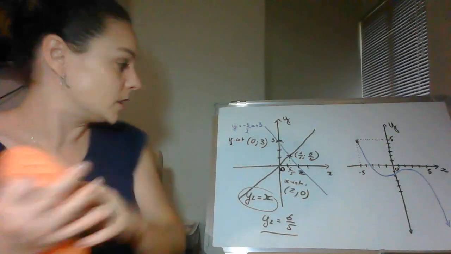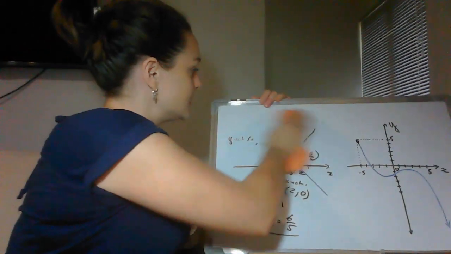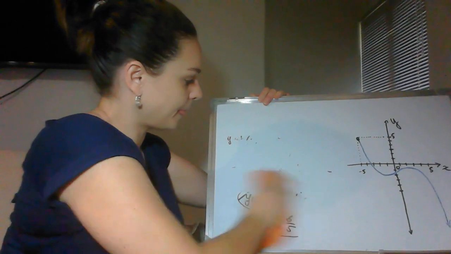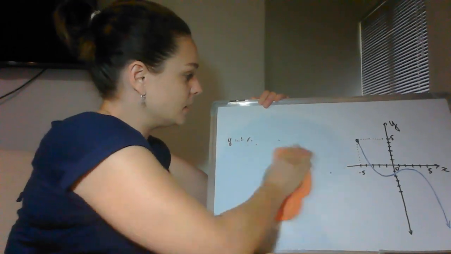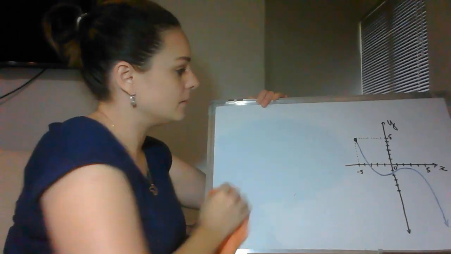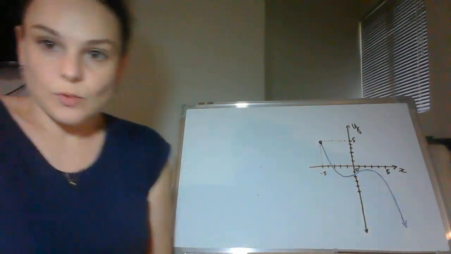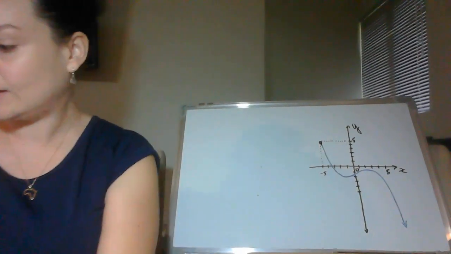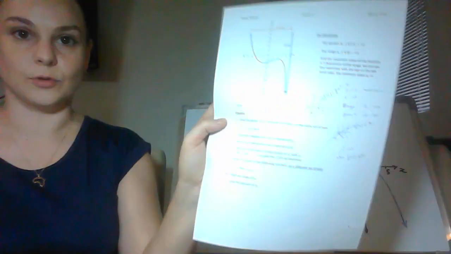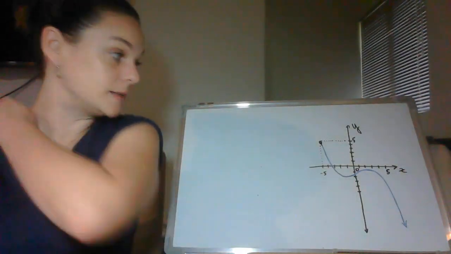We only have two things left here, domain and range. Okay, so this is done. And now we're going to work with the domain and the range of this one. It's the same as the one you have on page 4. Yours is a lot neater, but that's the same graph.